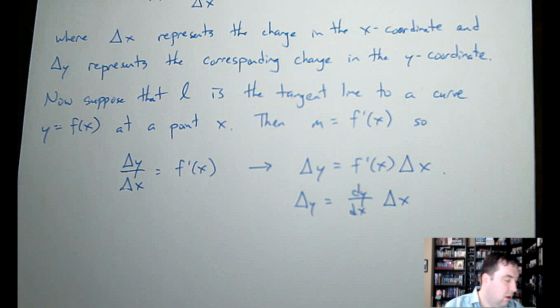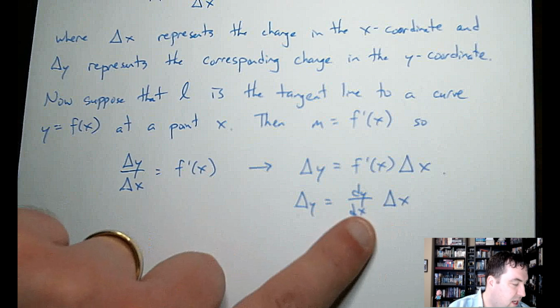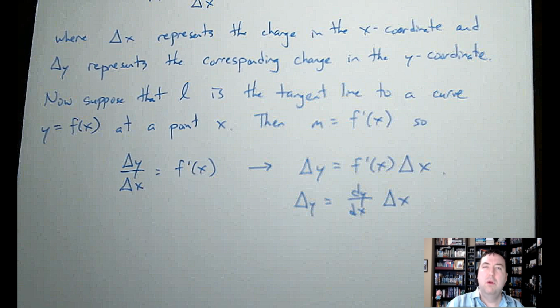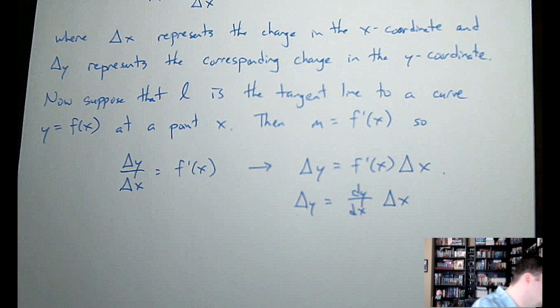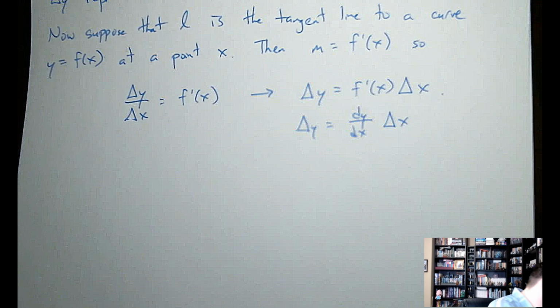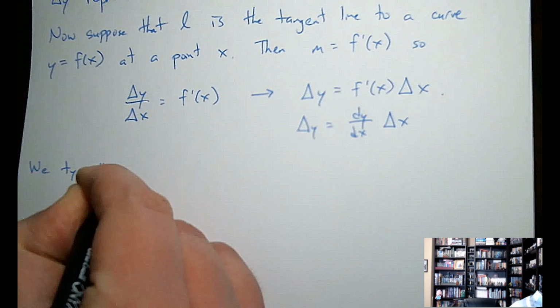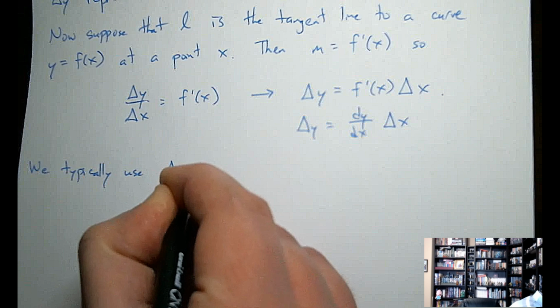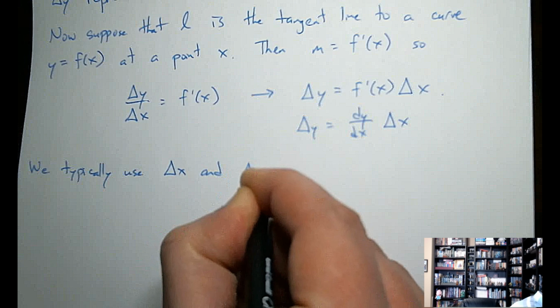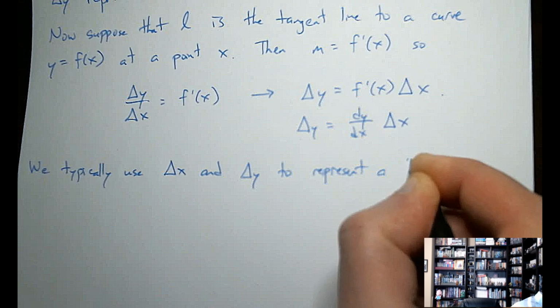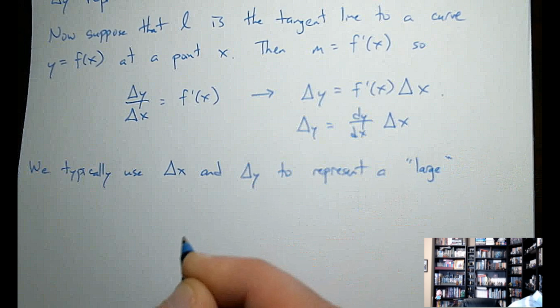So, could we then adapt this formula? Well, the delta notation, in general, is meant to represent a substantial change, a large change, relatively speaking, in the variables. So we typically use delta x and delta y to represent a large change in the variable.